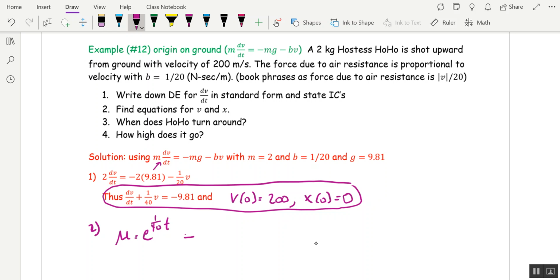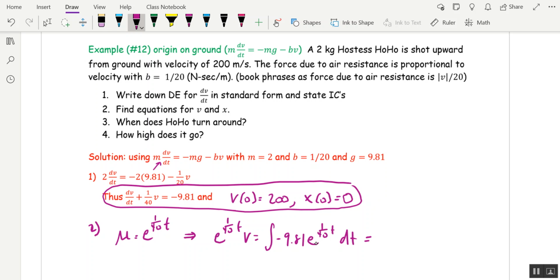And so that gives us the equation to solve, that e to the 1 over 40 t times v is the integral of negative 9.81 e to the 1 over 40 t dt, which is, I'm going to multiply by 40 because this is our k, 1 over k comes down, negative 9.81 times 40.